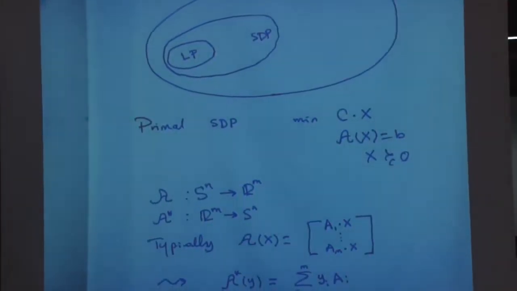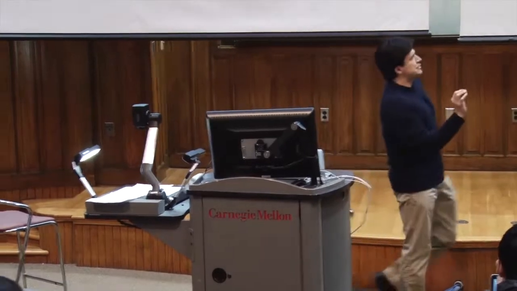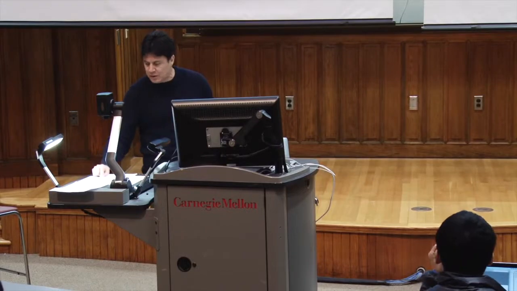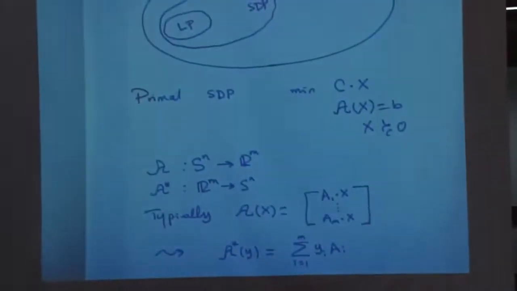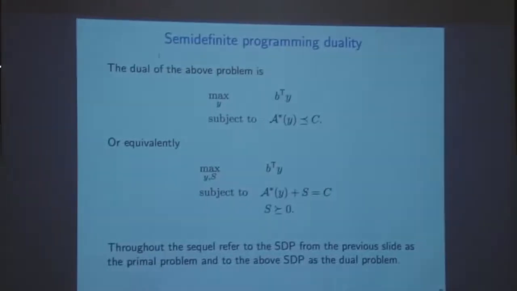So when does strong duality hold? This is something that has come up in the class in previous times. If we assume a certain kind of regularity condition, if we assume that both the primal and dual problems are strictly feasible, so strictly feasible would mean that you have a feasible solution where X is positive definite. Okay? And in the dual, a strictly feasible solution would be when S is positive definite.